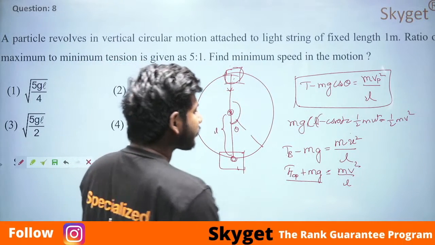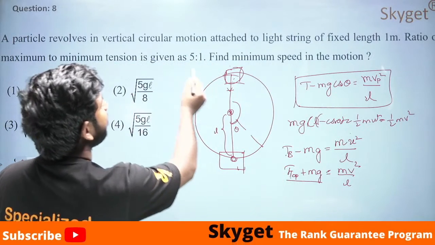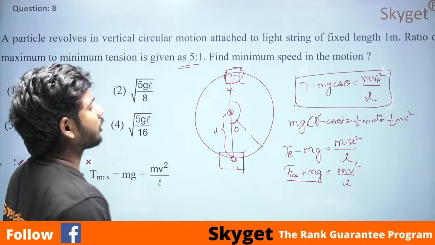So what is the ratio given here, students? Bottom to top, the maximum to minimum ratio is 5:1.